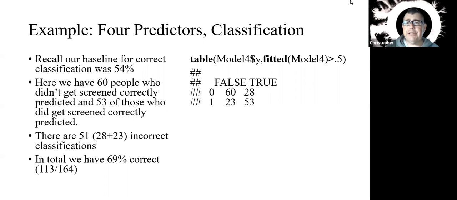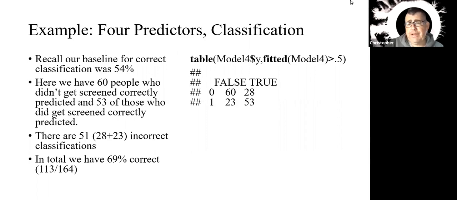So taking a look at the classification table, how you read this is we want to match up the zeros with the false and the 1 with the true in this case. What that's going to give us on the upper left and lower right diagonal are the people who are correctly classified. Those 60 people were actually zeros, which was a no. They didn't get screened, and our prediction was that they wouldn't get screened.